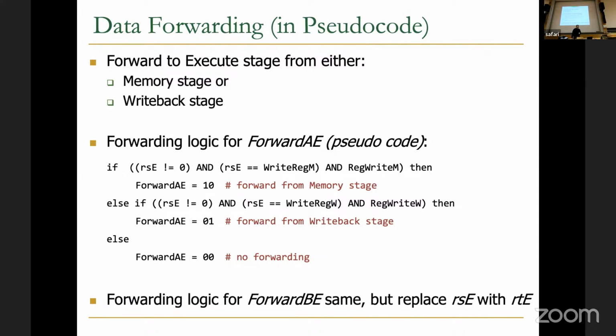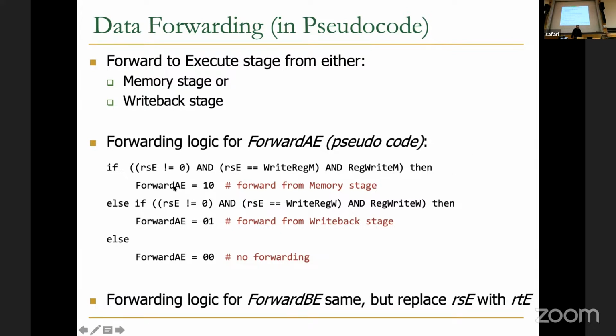When you want to decide when to forward, you need to check some conditions. You have a source operand, and this source operand is equal to the register that you are going to update. You have the value of that in the memory stage, and the register write signal in the memory stage is active, meaning you have an active value that you want to write to the register.